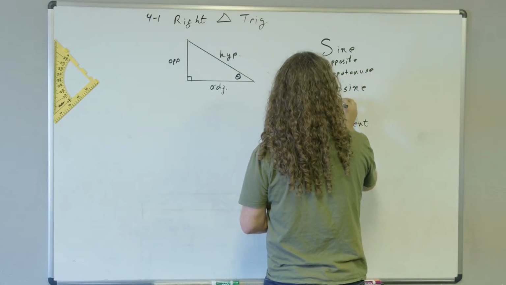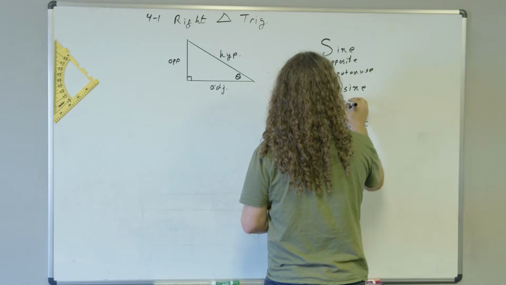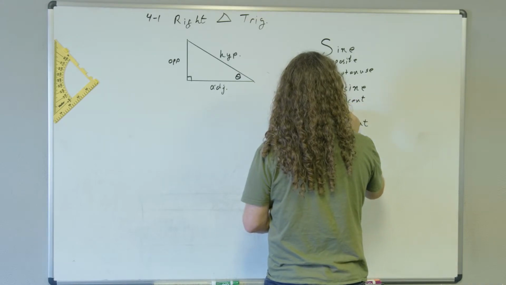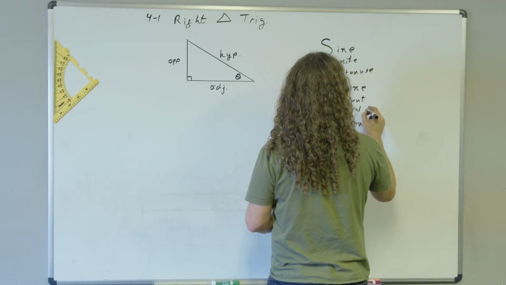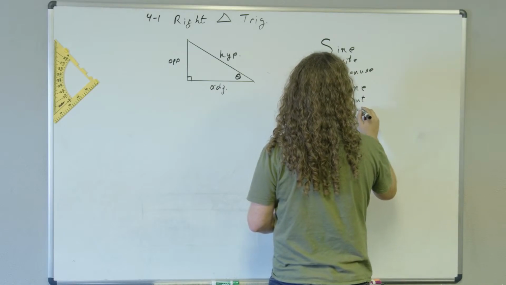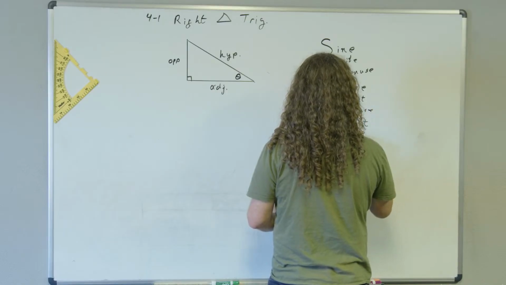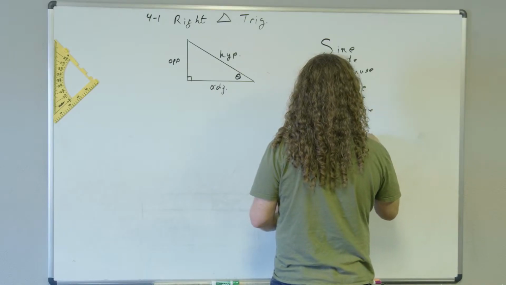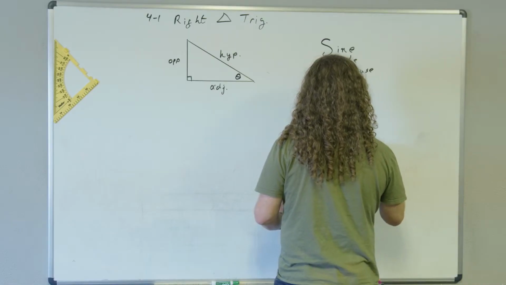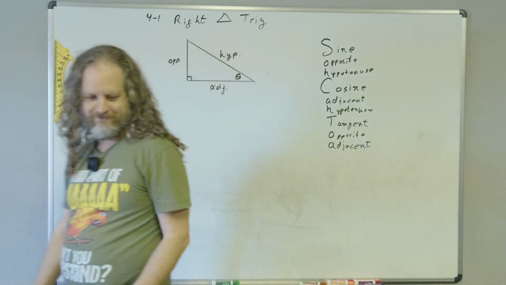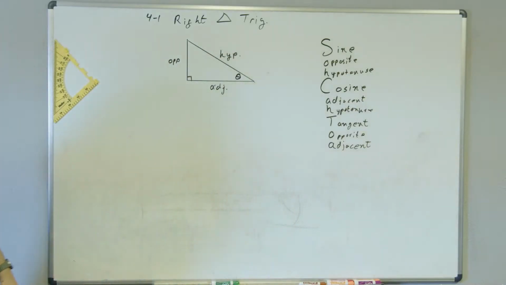A stands for adjacent. Have ops, height, and edge. I wish I was high on hypotenuse.